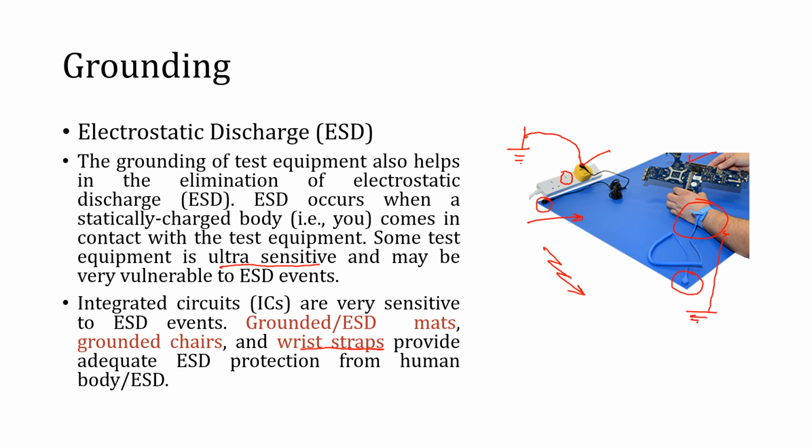Okay, so be careful when we are handling very sensitive devices, either memories, ICs or other devices, especially when there is a symbol like this. It means the device is very sensitive to electrostatic discharge.